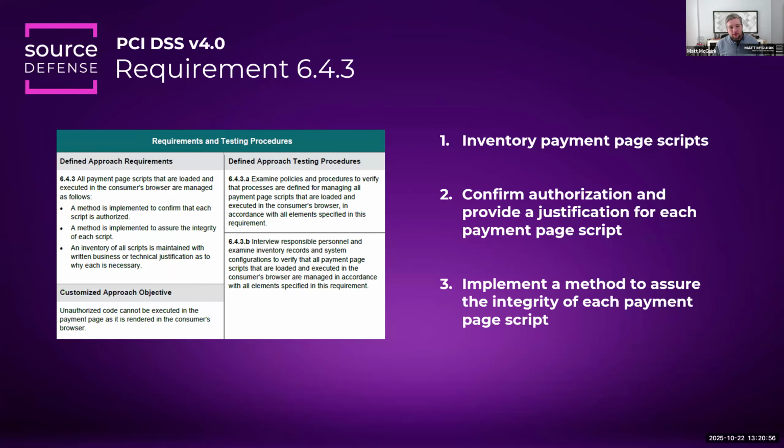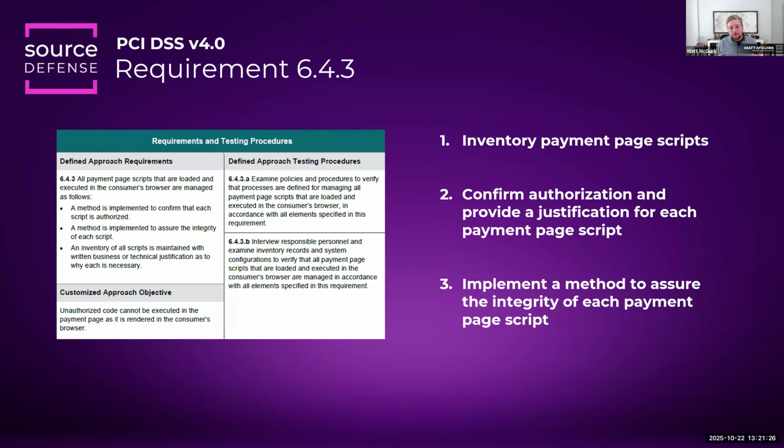While I'm here, let's talk about the SAQ A. The SAQ A, the Self-Assessment Questionnaire A, was amended right around the same time that the standard came into effect. Some people are under the impression that 6.4.3 and 11.6.1 were removed, either from the DSS or from the SAQ A, and that's not true.